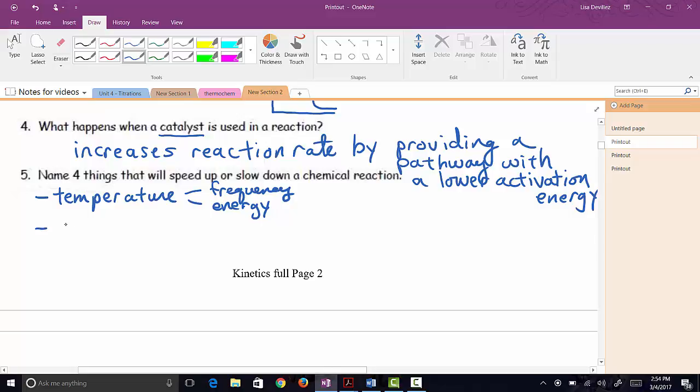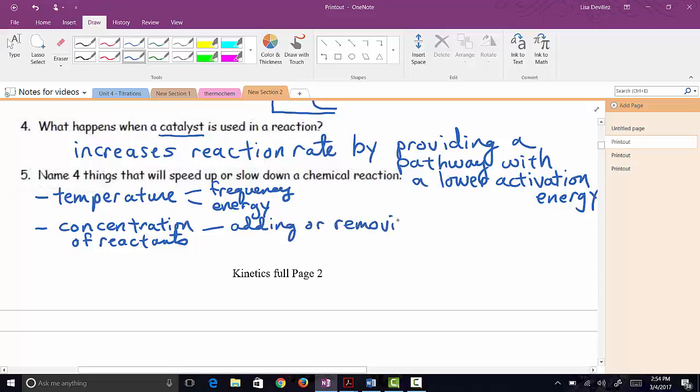The other thing is the concentration of the reactants. So we can change the concentration by either adding or removing reactants.